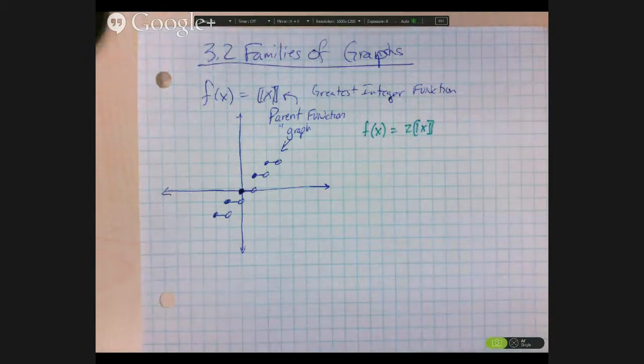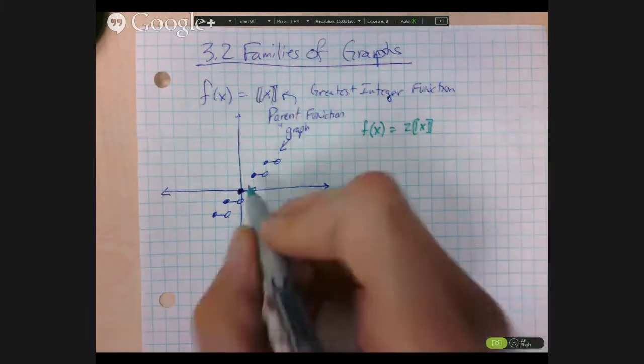What does that 2 in front do? Anybody have an idea? It increases like the distance between the steps. Yeah, it's a new slope basically. So it multiplies the distance here by 2.